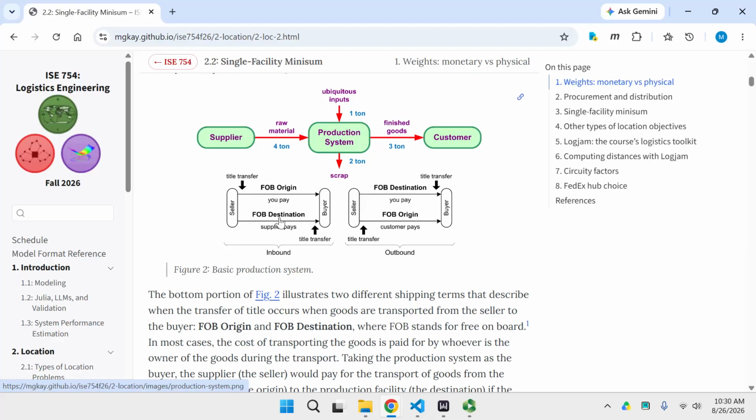From our point of view, in terms of the location of the facility and the transport cost, everything essentially nets out. So the location decision itself should be relatively unaffected by who actually is paying or taking title to the product. It's really more of a business issue than it is a logistics engineering issue.